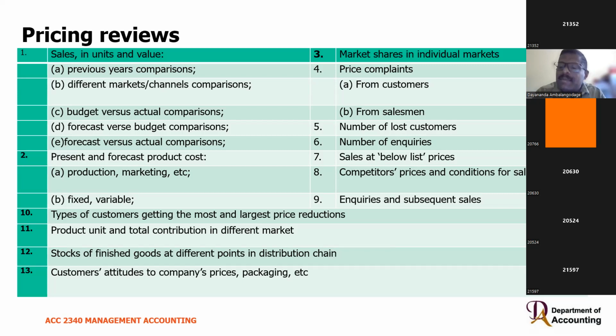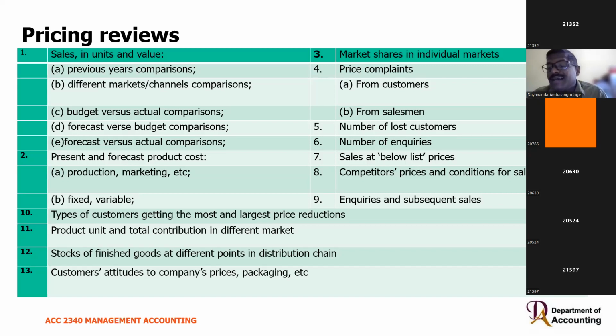So such a camera system, such an information system, and a team to monitor it is vital in certain cases, not all cases. Then the market share of individual markets, you can compare. Market share has increased or decreased. Market share is your sales divided by the market industry sales multiplied by 100.